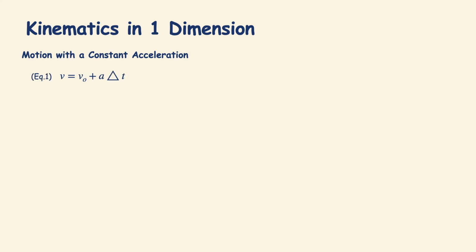It turns out that we will have two more equations for objects that move at a constant acceleration. The fastest and most effective derivation of those formulas requires the use of calculus. But this is beside the point. I'll give you the formulas directly because we will be using them many times.